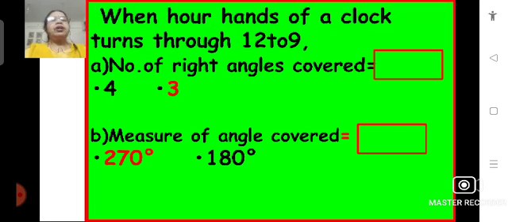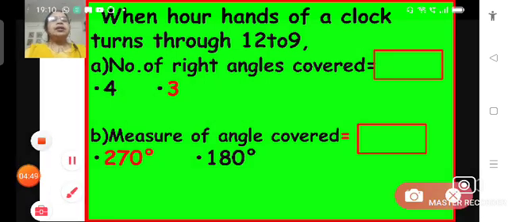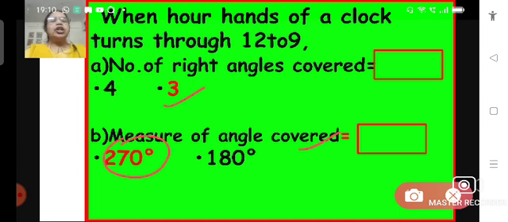When the hour hand of a clock turns through 12 to 9, the number of right angles formed is 3, isn't it? 3 right angles. Then the measure of angle covered, when it is covering 3 right angles, means the measure is 270 degree.